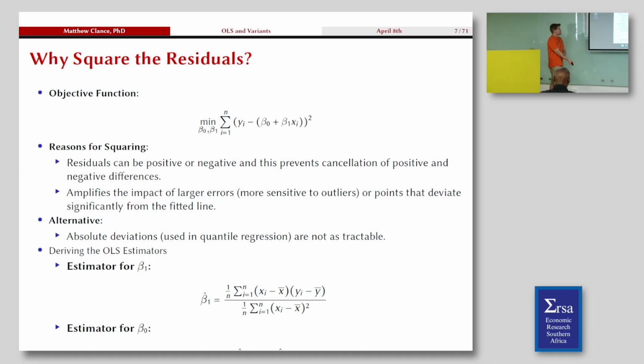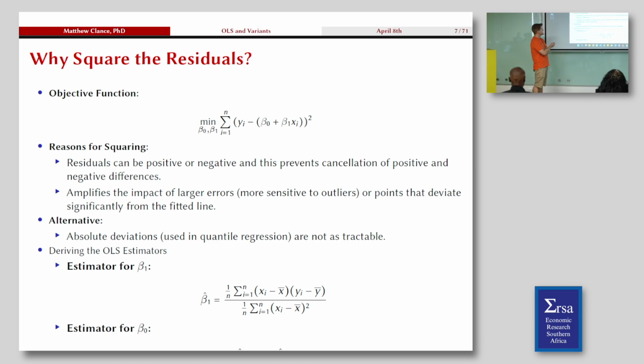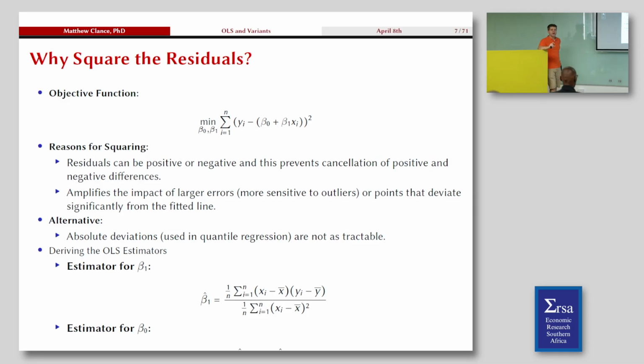Okay, so the objective function you've probably seen before, but basically we're going with the mean squared errors, or minimizing the mean squared error. Basically for reasons for doing this. The residuals can be positive or negative, and basically by squaring it, we know that we get rid of any negatives. Okay? We just want the absolute difference.